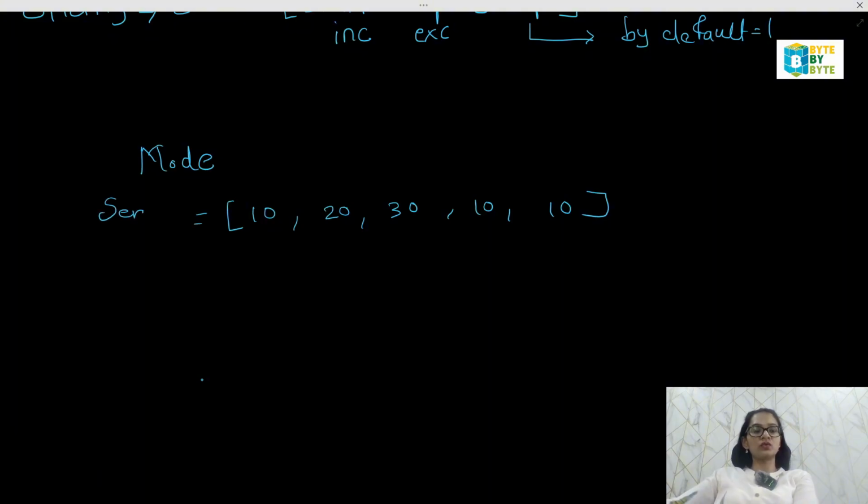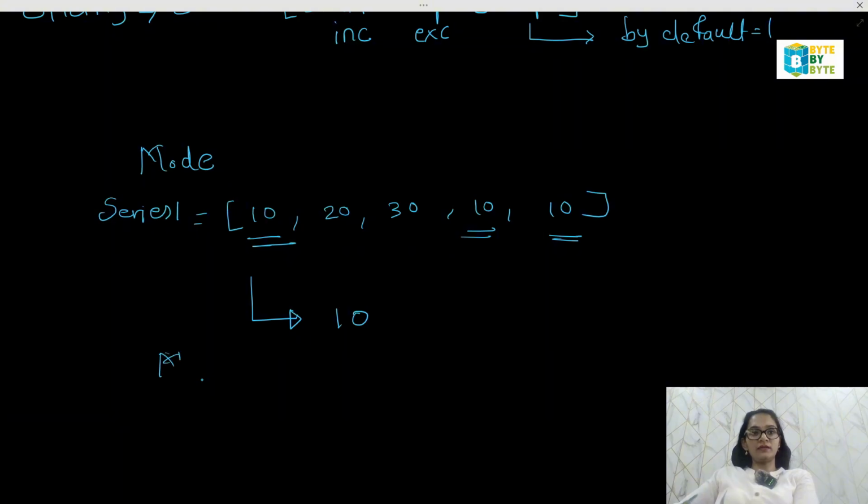If you want to calculate the mode of this series, mode means the most repeating value. The most repeating value is 10, so this series' mode is 10.